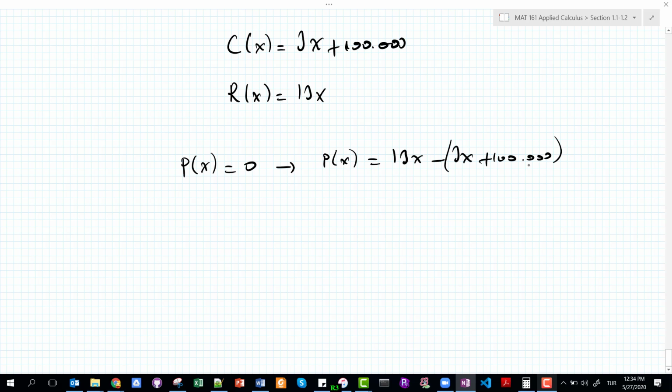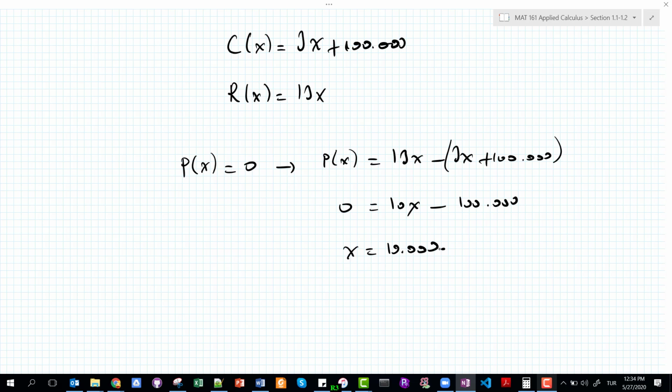If I calculate this, the x amount, how many bottles I need to sell to not make any loss, x would be equal to 10,000. So at least I need to sell 10,000 bottles so that I don't make any loss.